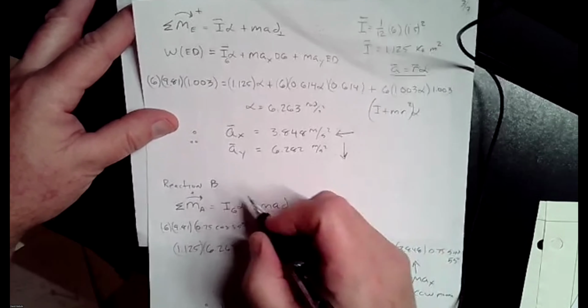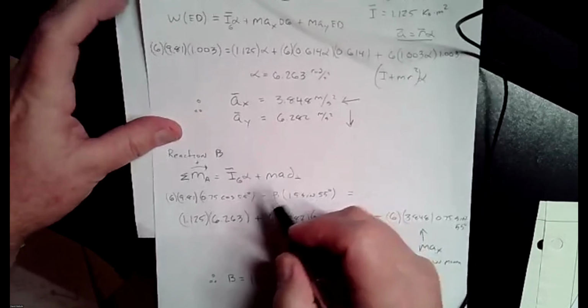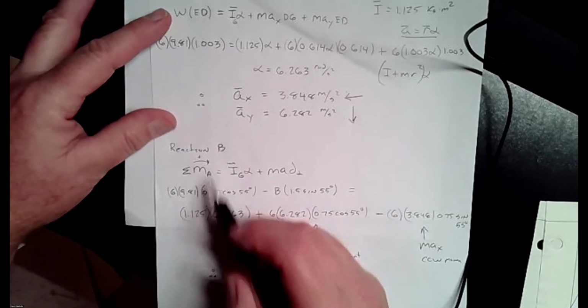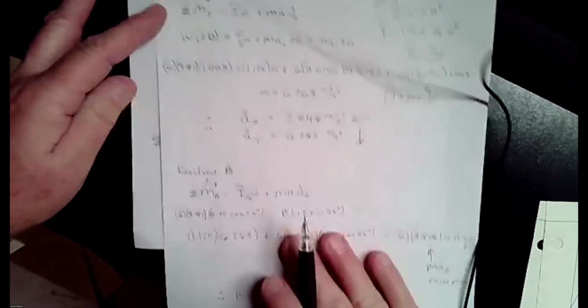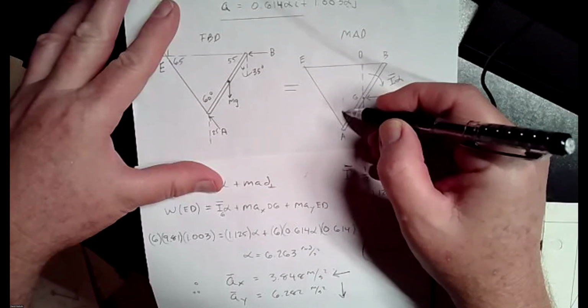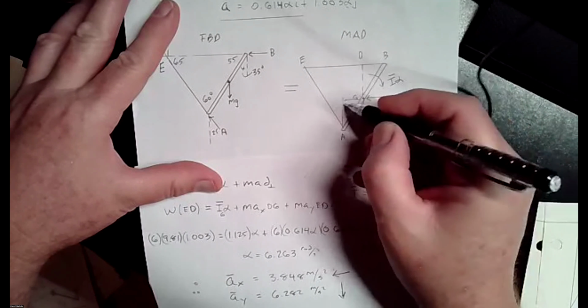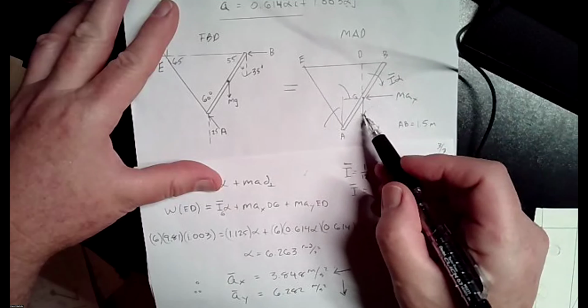So what we're going to do is sum the moments about A equal to I alpha plus MAD again. In this case, again, positive being clockwise, 6 times 9.81 times the distance. And of course, if we look at this again, now we're going from here to here, and basically this distance and that distance for our respective accelerations.